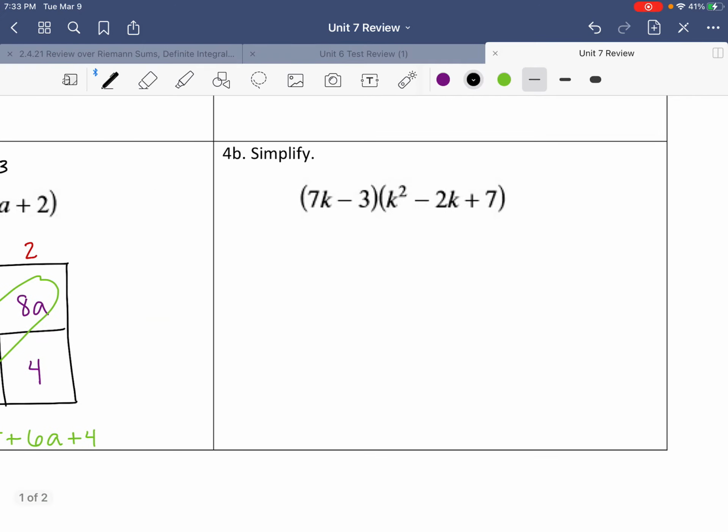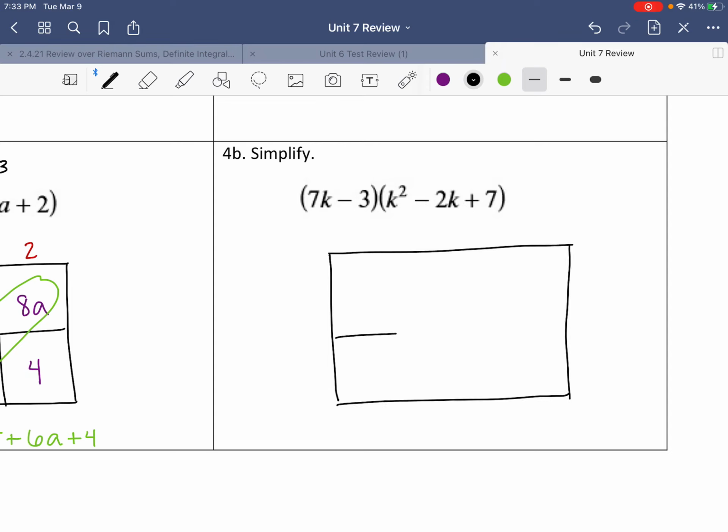All right, same thing here. We need another 3 by 2 box. So we're going to have k squared minus 2k plus 7. And then we're going to have 7k minus 3.